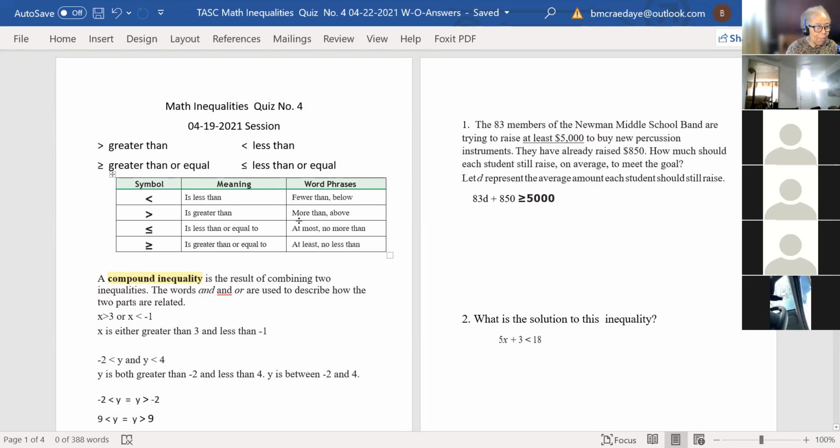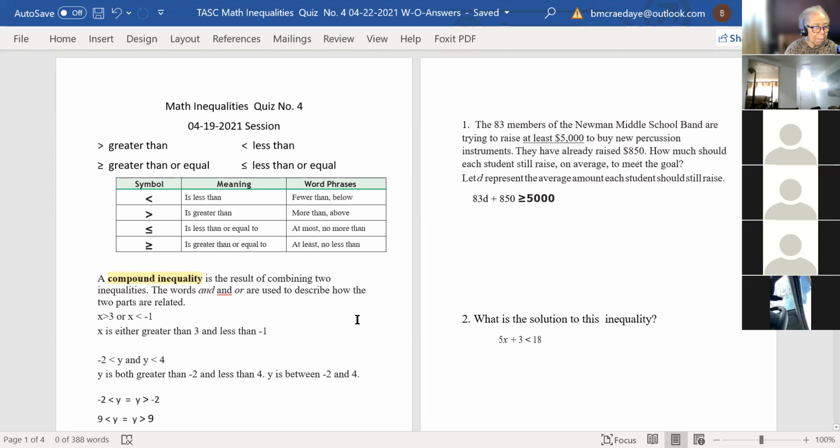If you see at most or no more than, that translates to less than or equal. And at least, no less than, that's greater than or equal.